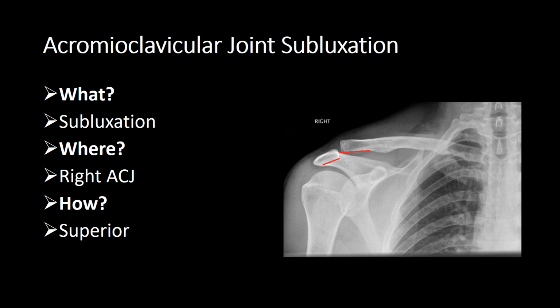This coracoclavicular distance has been preserved, and therefore we know that if this has been preserved and there has only been a subluxation to the acromioclavicular joint, this must be a type 2 acromioclavicular injury. So, what is it? It's a subluxation. Where? The right ACJ. How? Superior.